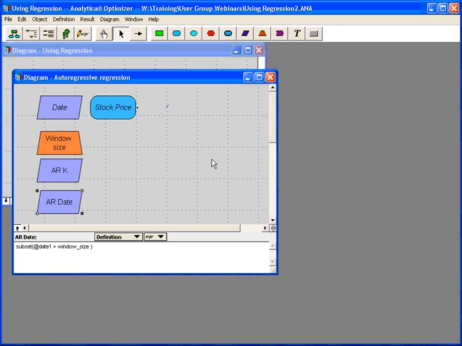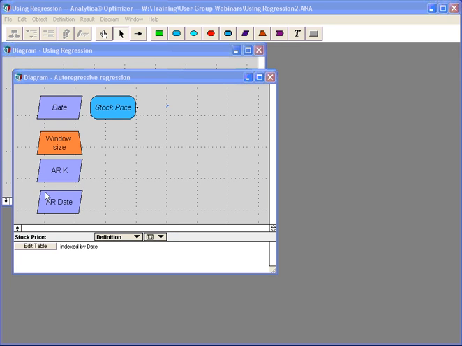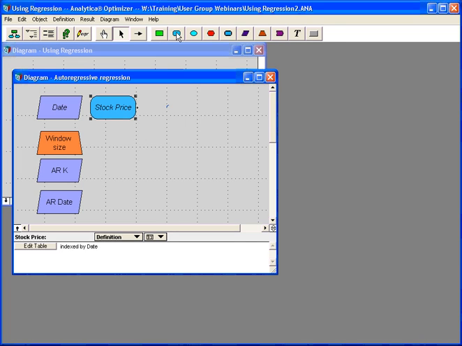Okay, and we want to use that index instead of this one. Let's go ahead and come up with our basis. Again, we're going to use the previous 10 points each time.